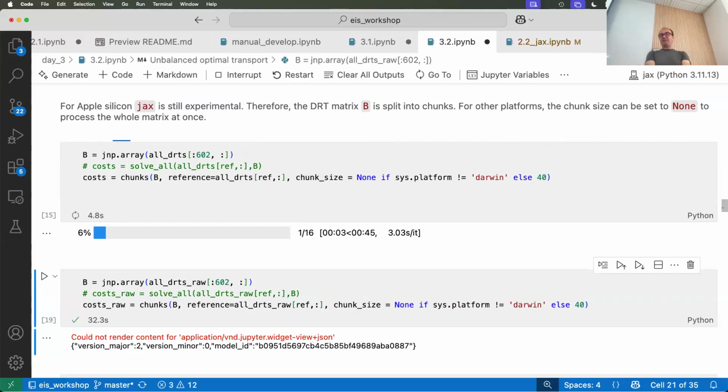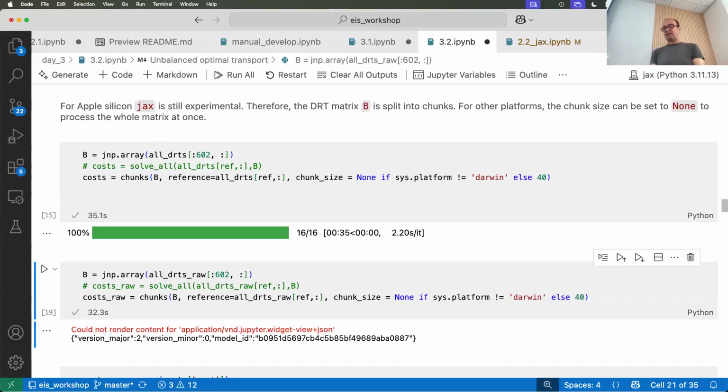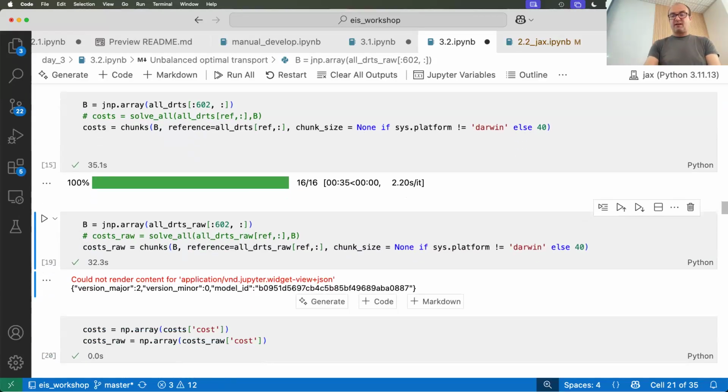So now I'm analyzing all these 600 ice curves with regularization, using the mathematics that I've told you about. This is how much it takes. So 600 of them, divided into chunks of 40. For the analysis of 600, it was 35 seconds.